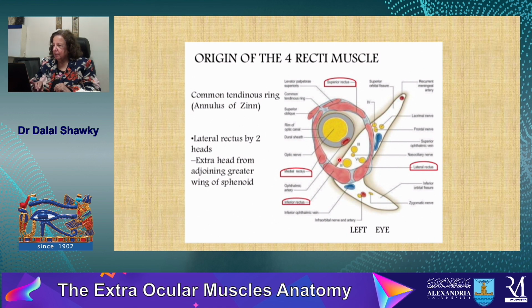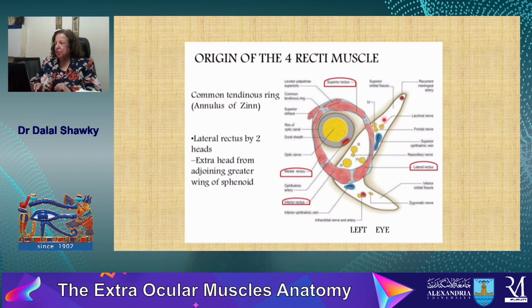Superior rectus, inferior rectus down, medial rectus medially, lateral rectus laterally, and we have the superior oblique between the superior rectus and the medial rectus, and the Levator Palpebrae Superioris origin is above the superior rectus origin.